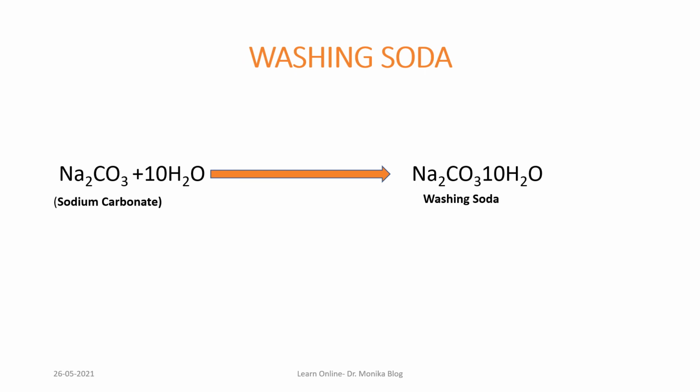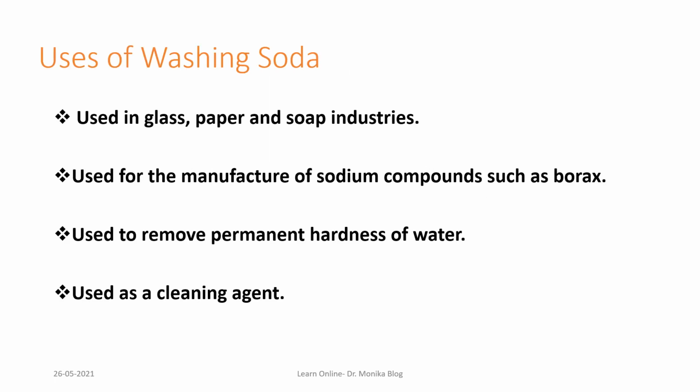Washing soda. What is washing soda? How is it formed? When sodium carbonate, Na2CO3, reacts with water, then formation of washing soda, Na2CO3·10H2O, takes place. Now, what are the different uses of washing soda?